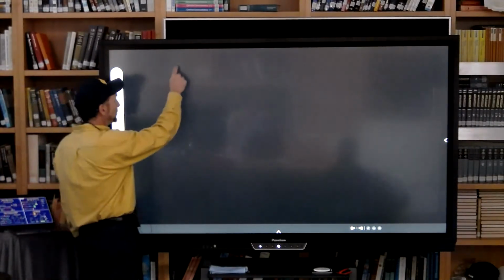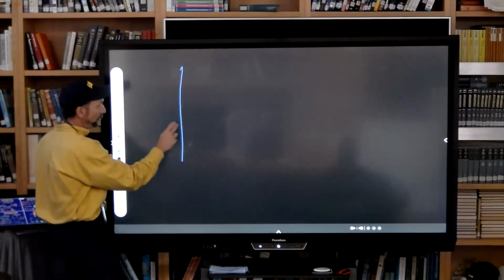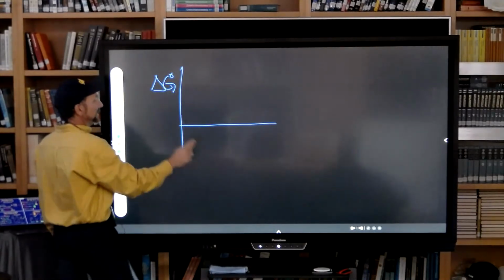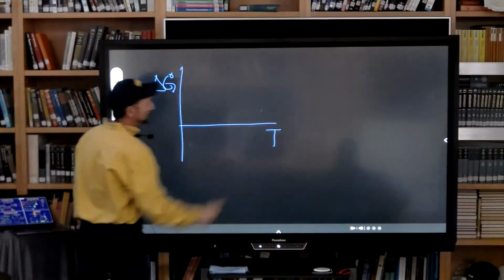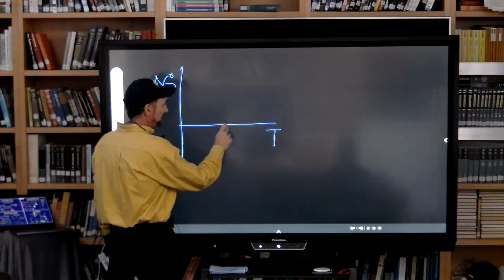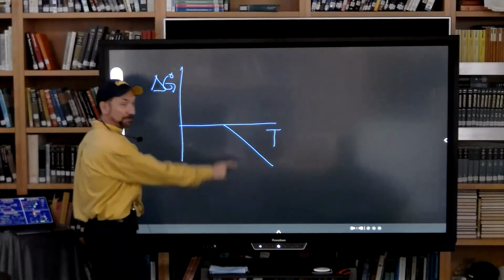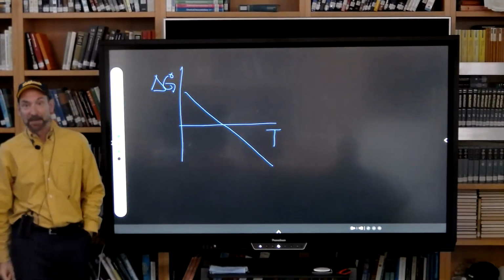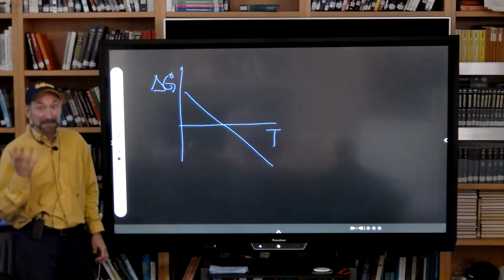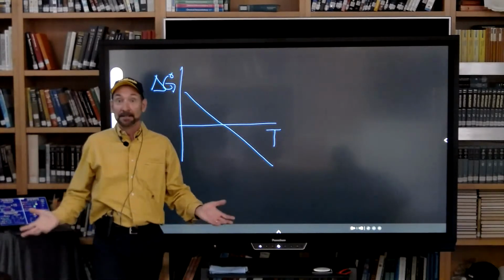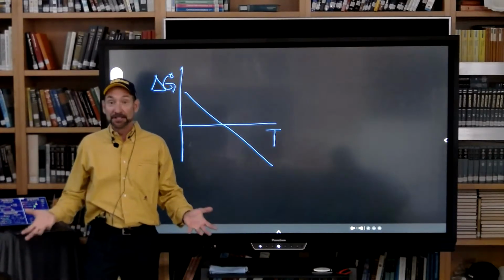So we've been plotting this whole standard free energy versus temperature. And we said, well, when delta G is negative, that's spontaneous. When delta G is positive, that's not spontaneous. And all spontaneous means, it doesn't mean the reaction goes fast or that it's going to happen without energy involved.